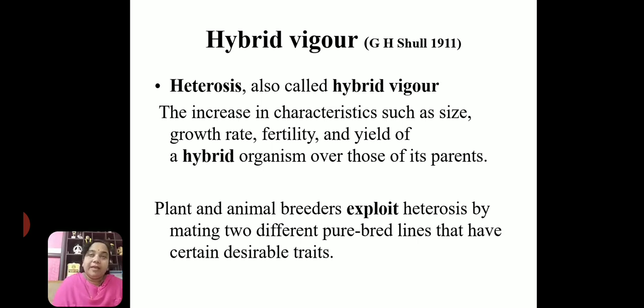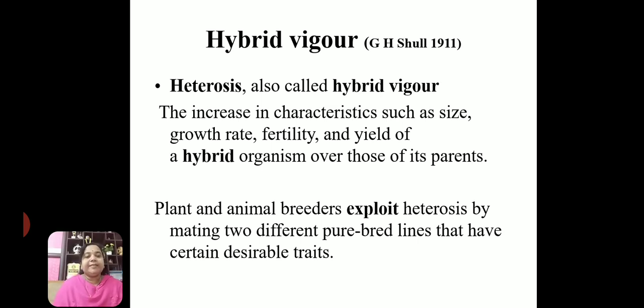It will be called hybrid vigor when that hybrid shows much more characteristics than the parents. This hybrid vigor of hybrids is usually exploited by plant and animal breeders. How do they do that exploitation? They mate two different pure lines. Pure lines means that when they undergo selfing, only the same organisms are produced. That means it will not be mixed up.